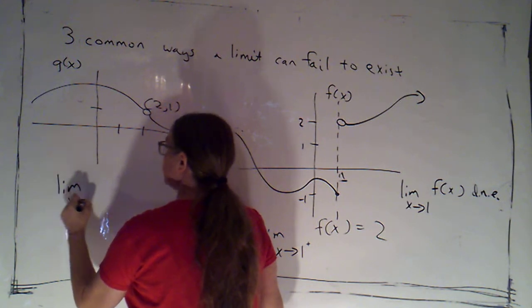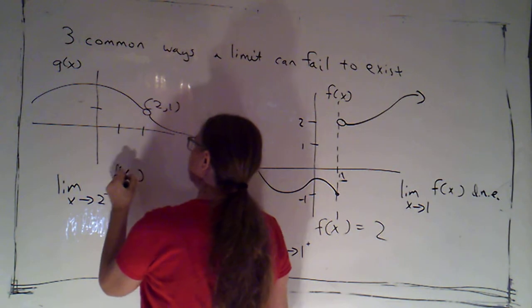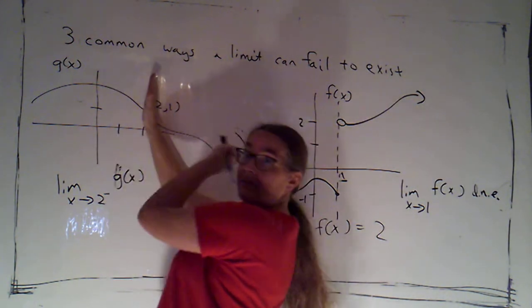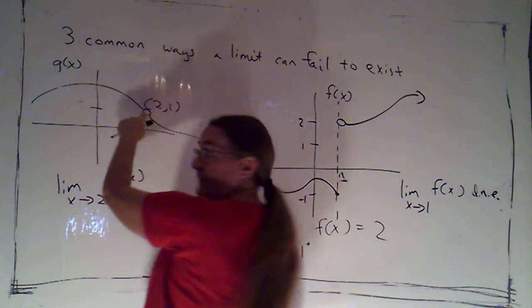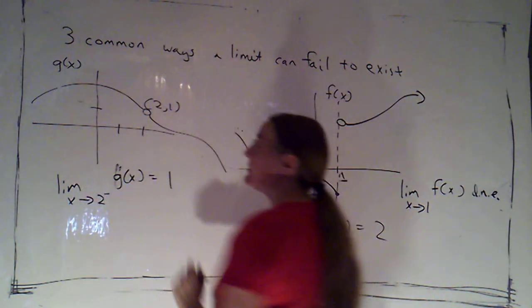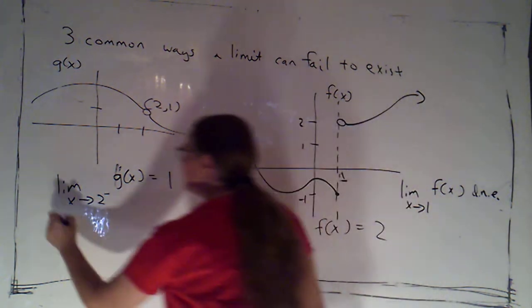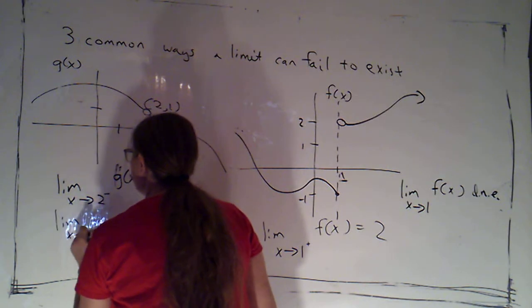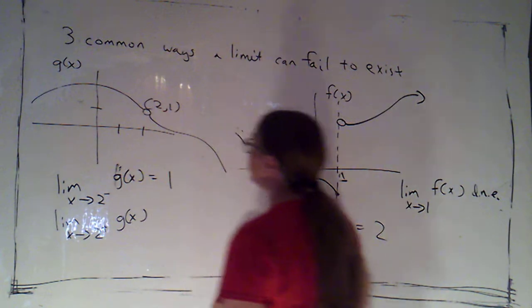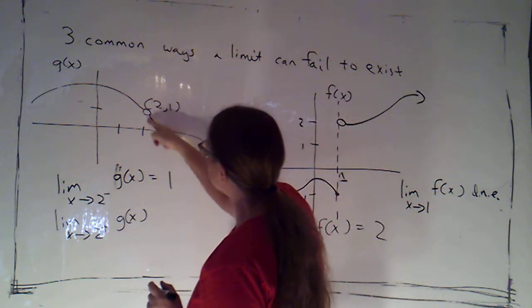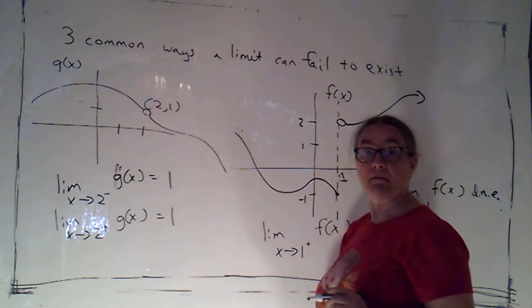I could say the limit as x approaches 2 from the left of g of x, and I just don't care what happens at 2 or to the right of 2. As I'm coming in from the left, I'm expecting there to be a point there. So this would be 1. That's the y value I'm expecting to get. The limit as x goes to 2 from the right, from the positive side, of g of x. Now I'm looking here. I'm expecting there to be a point there. That would also be 1.